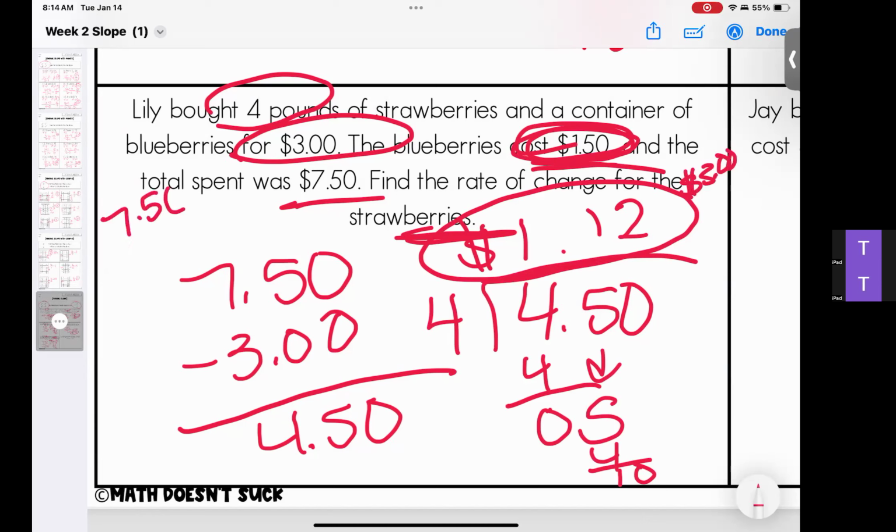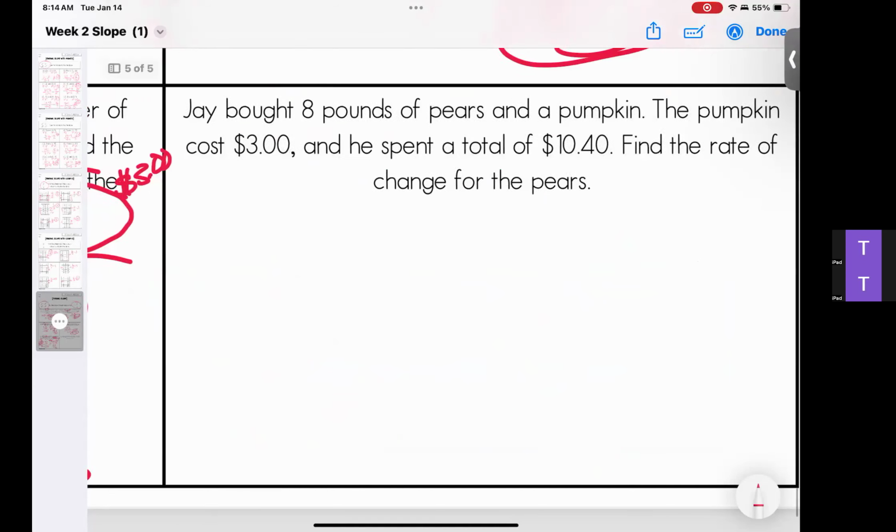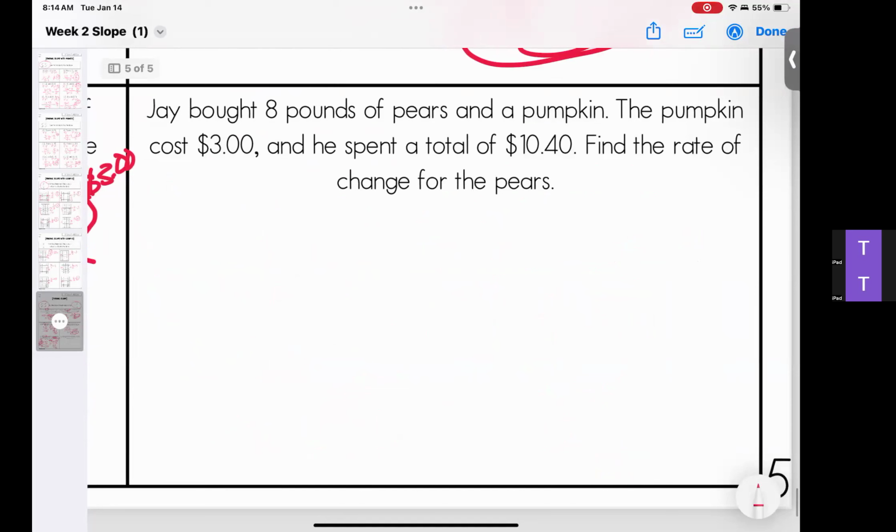If you did the $1.50, divide that by 4, then it would be about $1.50. Okay, so if you did the $3, you should get $1.12. If you did it as $1.50, you would get $1.50. All right, I'll fix that one.